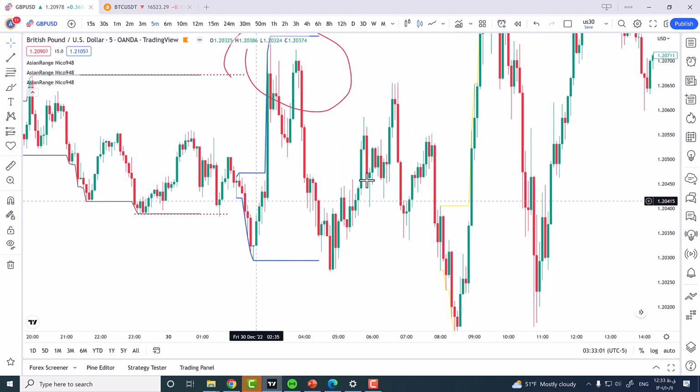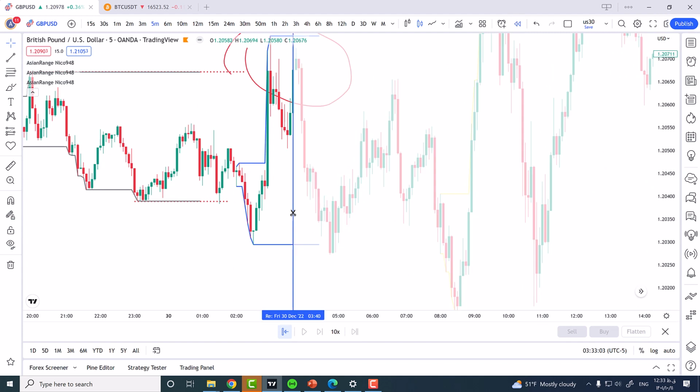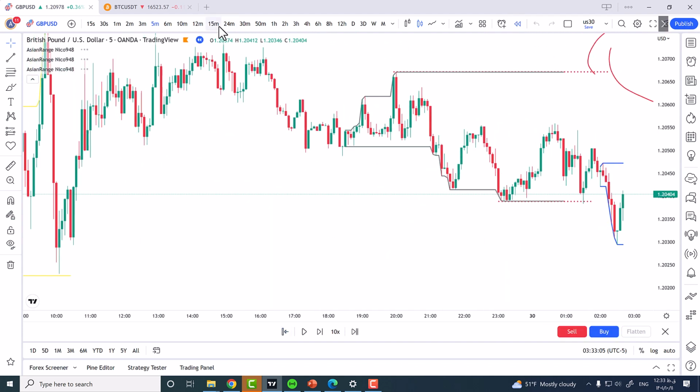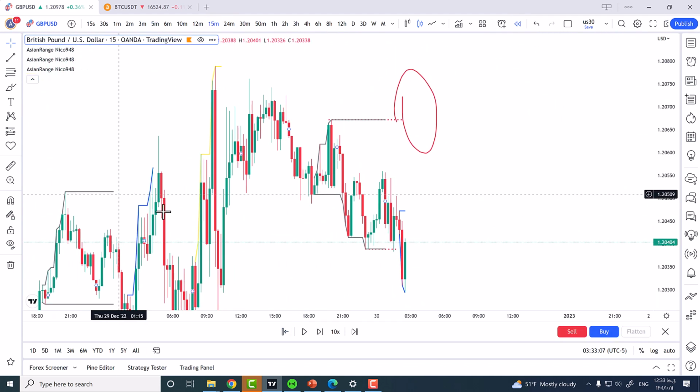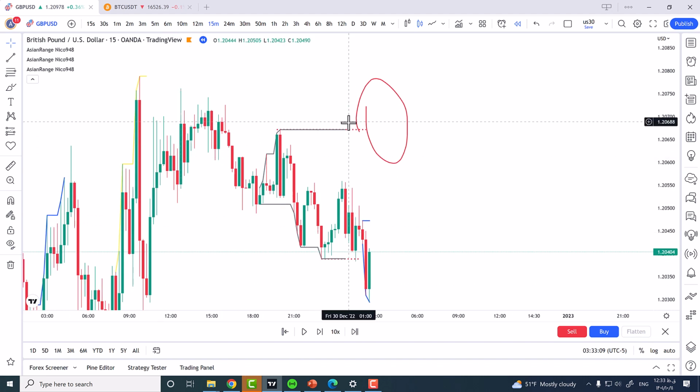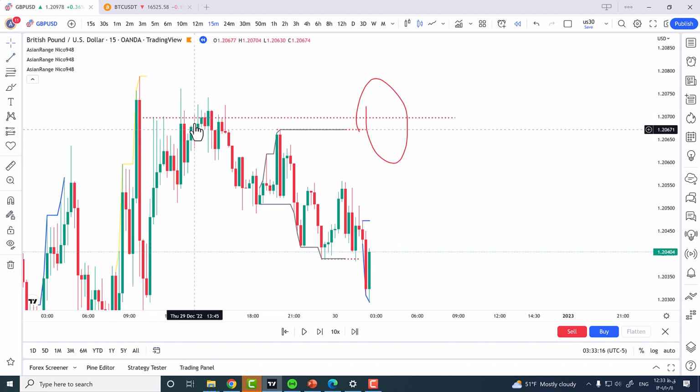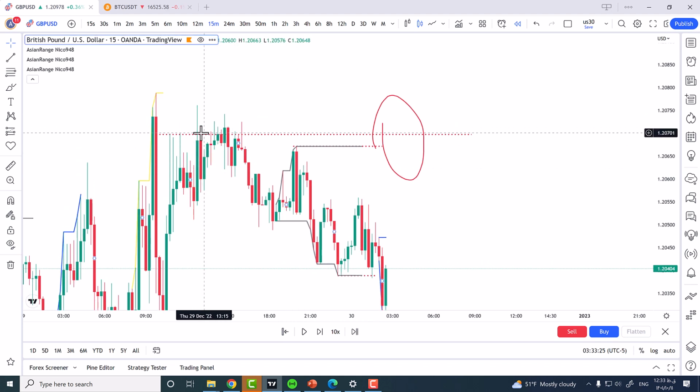But how to use these kinds of trades? First, you should identify a good POI or point of liquidity on the high and on the low of the Asian range session. It is a point of liquidity here. Why? Because a lot of traders try to catch these movements.